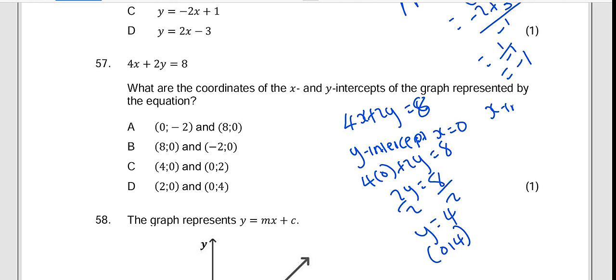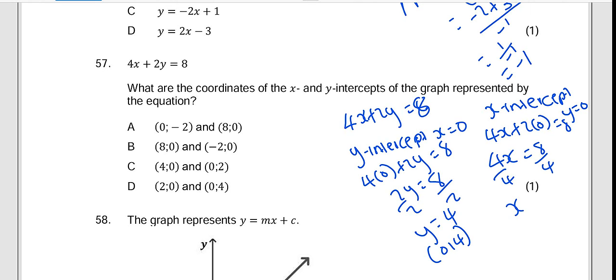And then x-intercept, y should be equal to 0. Where there is y, I'll put 0. I'll divide by 4, I'll divide by 4. X is going to be 2, which means it's 2 and 0. What's the correct combination? The correct combination is 2.